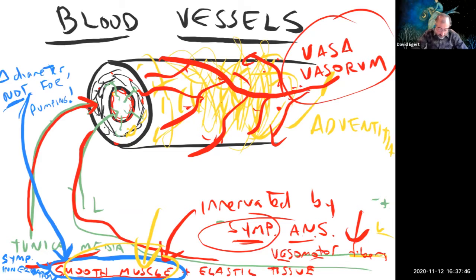So this is a generic blood vessel. Now we'll look at the three main types. Let's start with the arteries versus the veins.